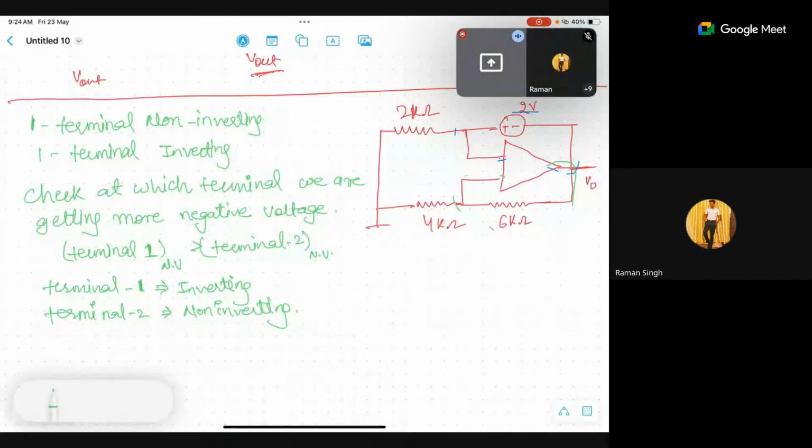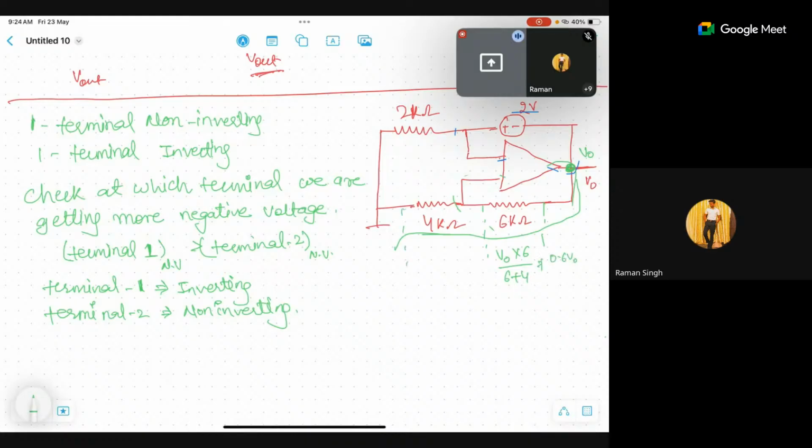This is the V naught voltage at this point. Now this V naught voltage will appear in one way in this one. So some voltage will drop across 6 kilo ohm and some voltage will drop across 4 kilo ohm. So what is the voltage drop across 6 kilo ohm? Apply the voltage divider. So V naught into 6 by 6 plus 4. So that is 0.6 V naught.